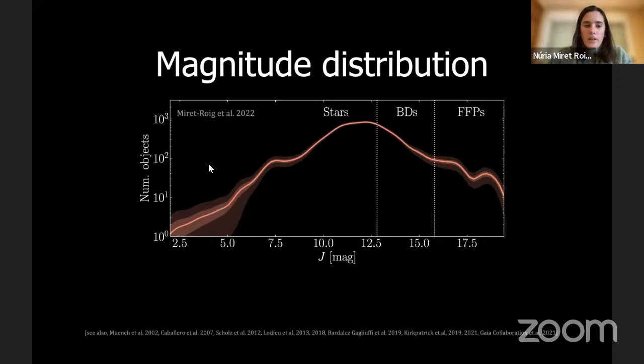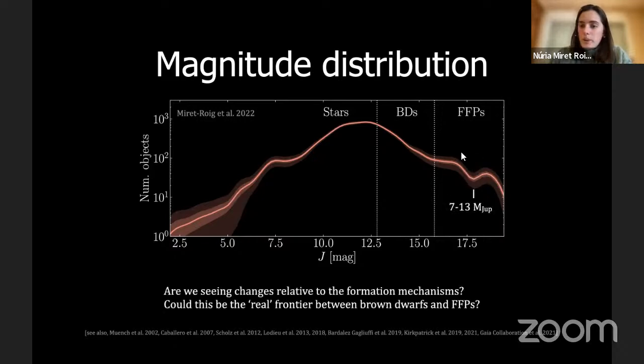Here we have high mass stars. We see again that low mass stars are very common. And at brown dwarf masses, this luminosity distribution starts to decrease. What we found really interesting is this dip at planetary masses.